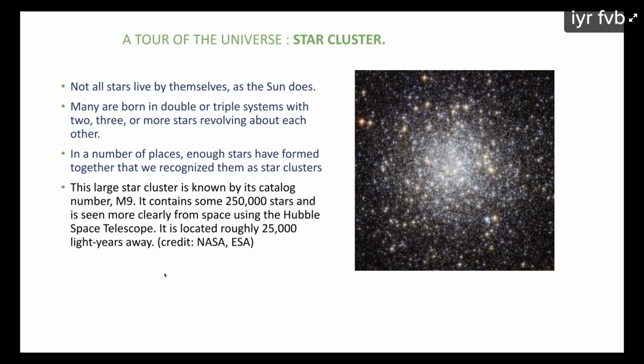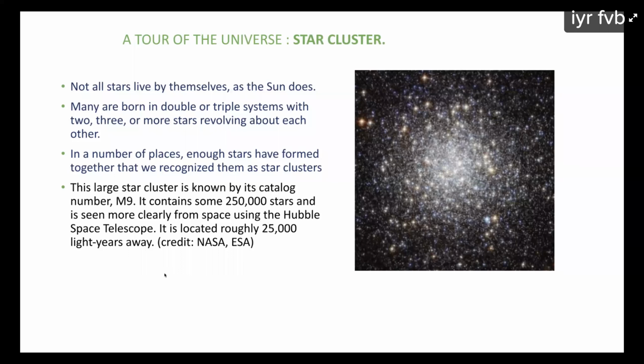In a number of places, even inside the Milky Way, there are a large number of stars that have formed together, and they are located as star clusters, which means a large number of stars are together in a certain location. And these types of locations we call star clusters.